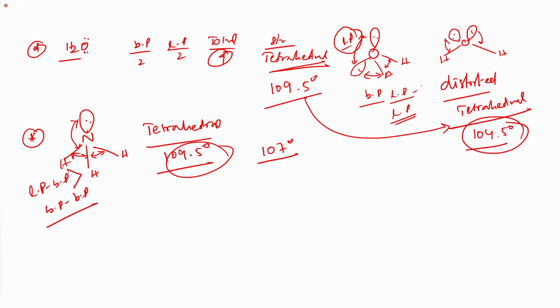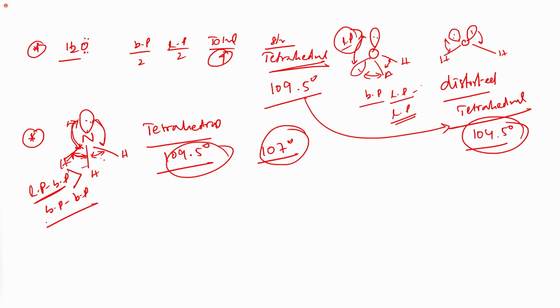And we know that bonded and lone pair interaction is greater than bonded-bonded. So these interactions will be higher, and that's why this angle is quite less than 109.5 degrees. So its angle is 107 degrees, due to the repulsion of bonded electron pair and lone pair.